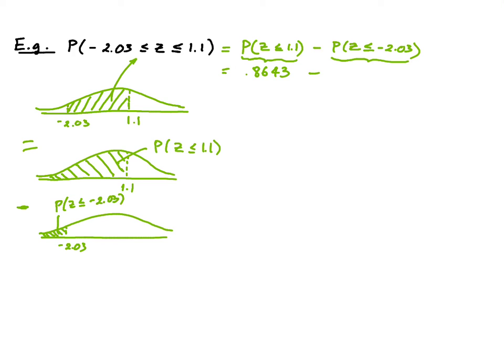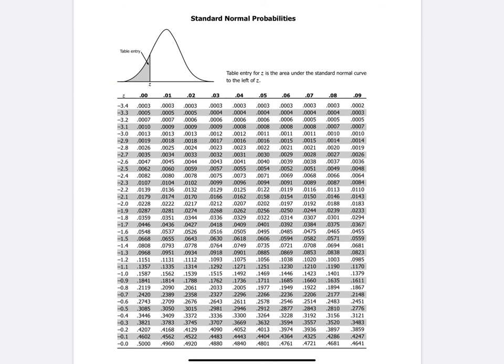Now what about the second term? The second term is the probability that z is less than or equal to negative 2.03. So let's go to the negative side of the table. We write this as negative 2.03.